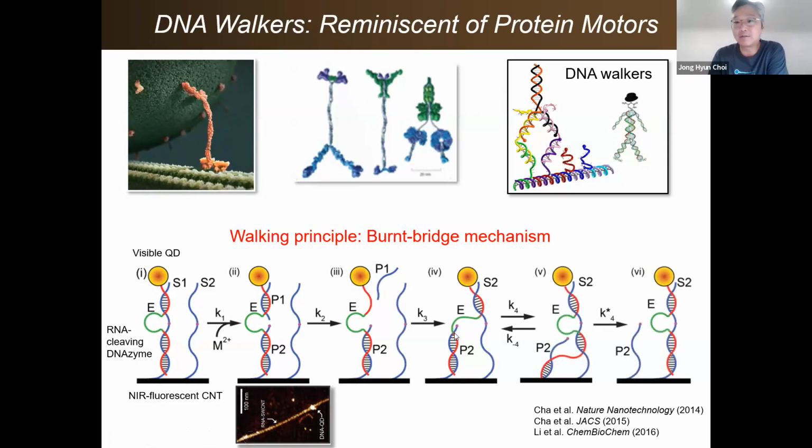You can think of it as a remote toehold strand displacement. This describes a single turnover step in a walking cycle, so by repeating this cycle, our walker can move autonomously without any human intervention. Because we are using enzymatic reactions to drive this movement, this is a burnt-bridge mechanism. So it cannot move backwards; it has to move forward. That's another difference.